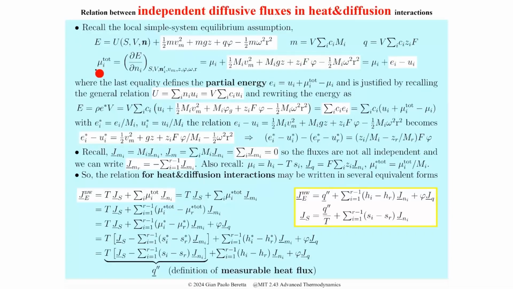So we have seen a few times that when you compute the derivative of the energy that enters in the conditions for mutual equilibrium, which is not the chemical potential but the total potential, that picks up a contribution from just the stable equilibrium state property, and that's the chemical potential. But then there are also additional contributions to the chemical potential, which makes it, for example, if you add this one, the electrochemical potential, the gravitational, the kinetic, and the centrifugal.